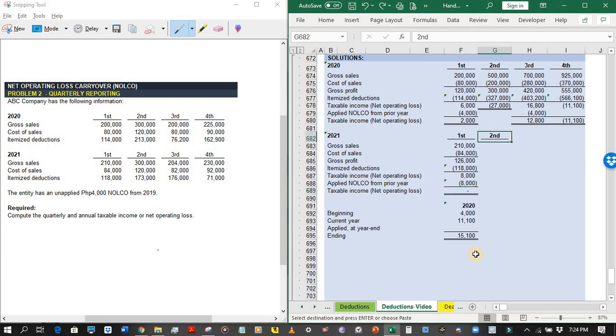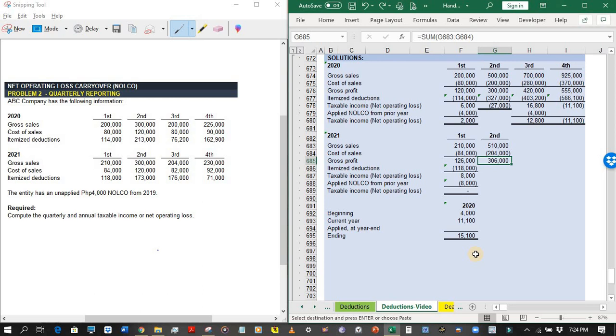So for the second quarter, this will cover 6 months of information. So the gross sales is 210,000 plus 300,000 pesos. So that is 510,000 for the first 6 months of 2021. Then the cost of sales for the 6 months is 204,000 pesos. So the gross profit is 306,000 pesos.